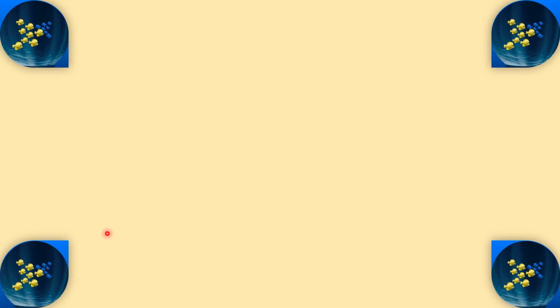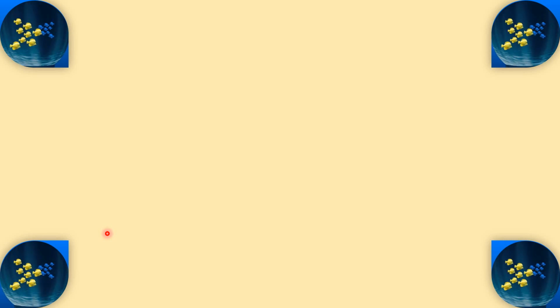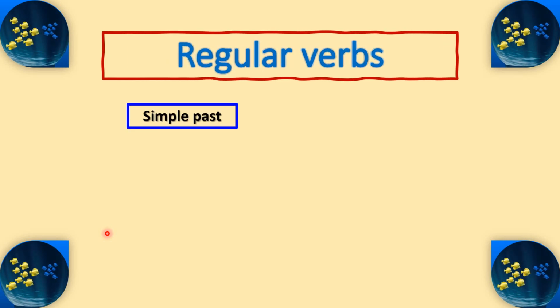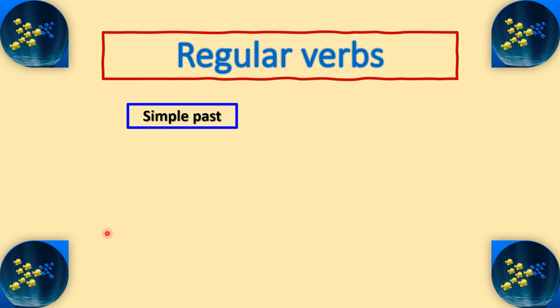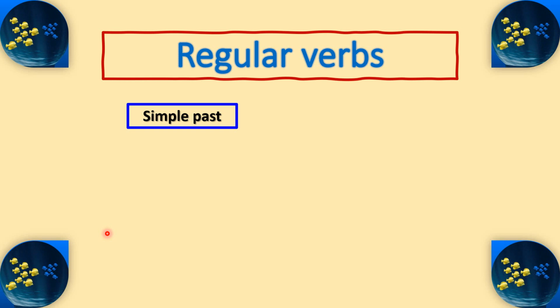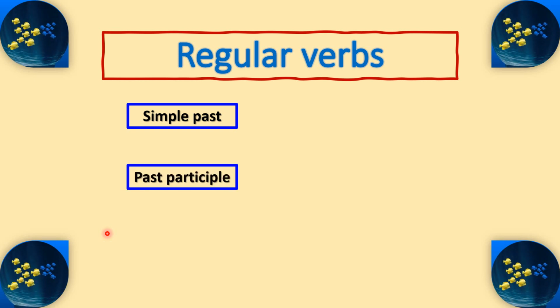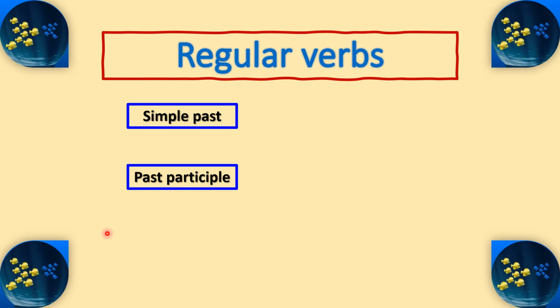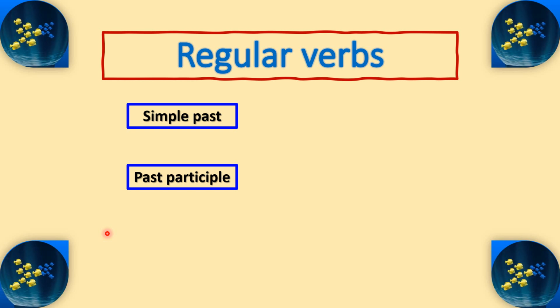So, what are the regular verbs? Yes, regular verbs are verbs whose simple past and past participle are formed by adding the suffix ed to the end of the verb.